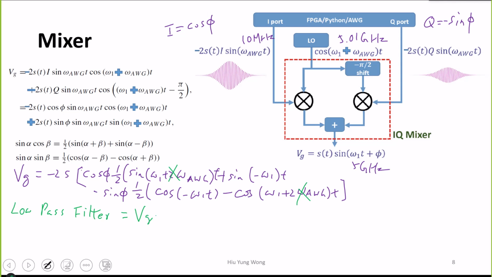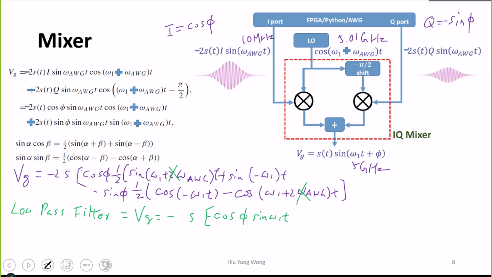Then Vg equals negative 2s cosine phi. And then I'm going to remove this 2 because I have 1/2 inside, right? So it cancels. Times negative cosine phi times sine omega_1 t, because sine of negative omega is negative sine, right? So I take this out.